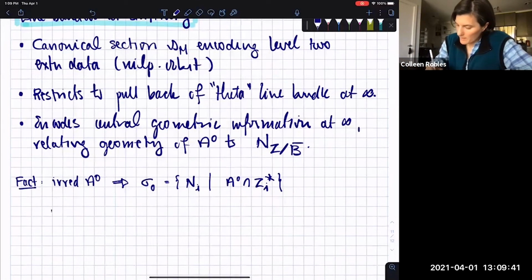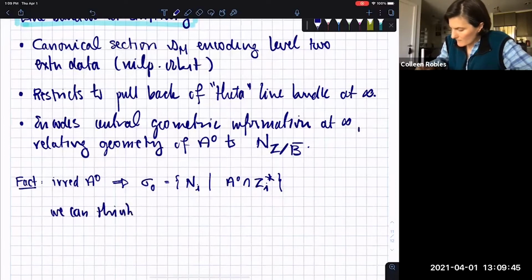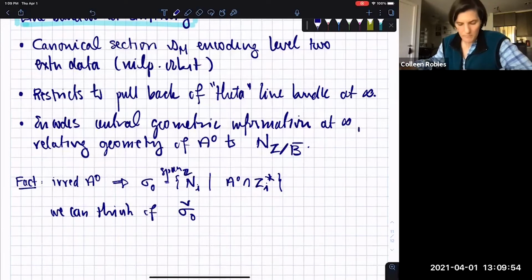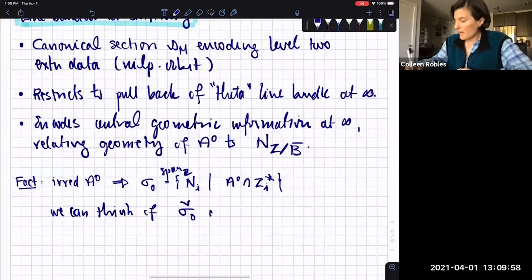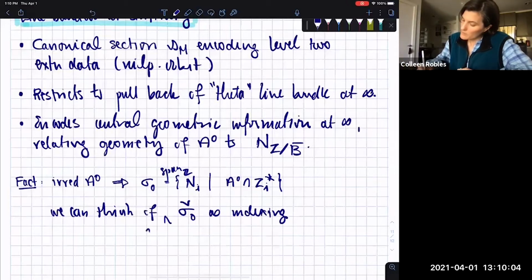And we can think of the dual to this cone. So this should be some kind of span, maybe over Z for this discussion. We can think of the dual of this cone as indexing, and I think I really want generators here.